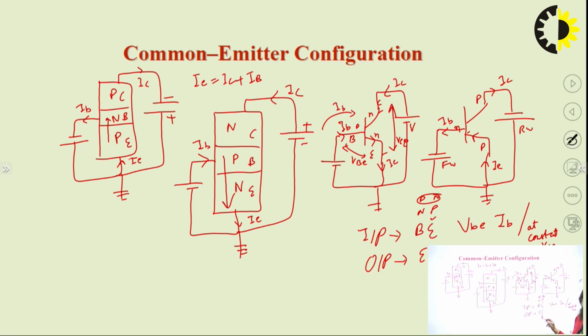And for the output side we can see this is our output. So IC is the output current, VCE is the output potential difference. So here we will keep VCE and IC, at a constant value of IB.